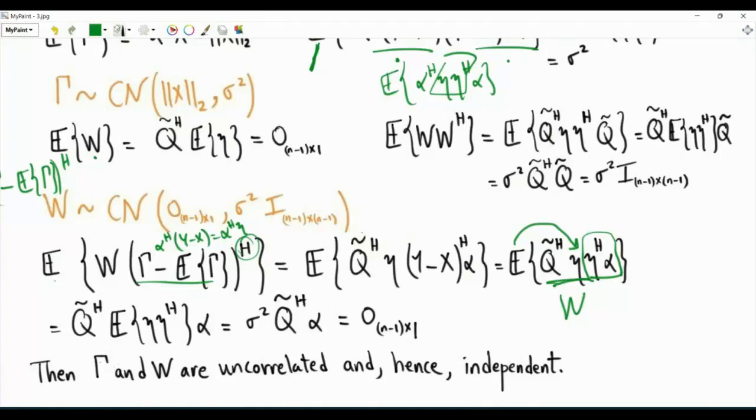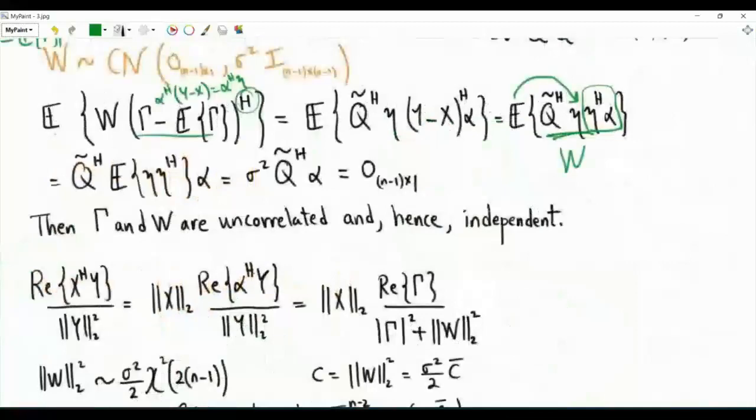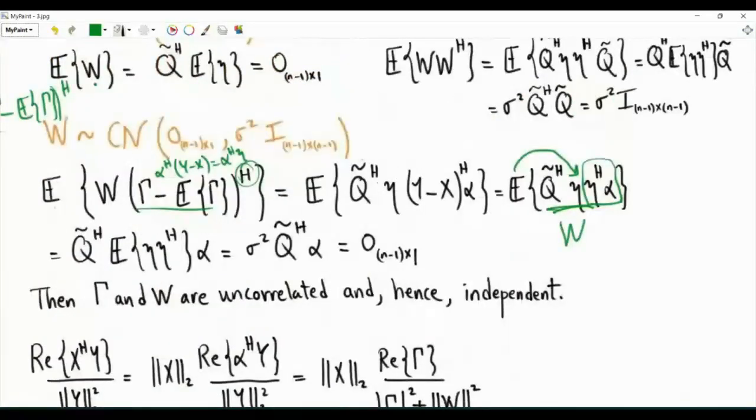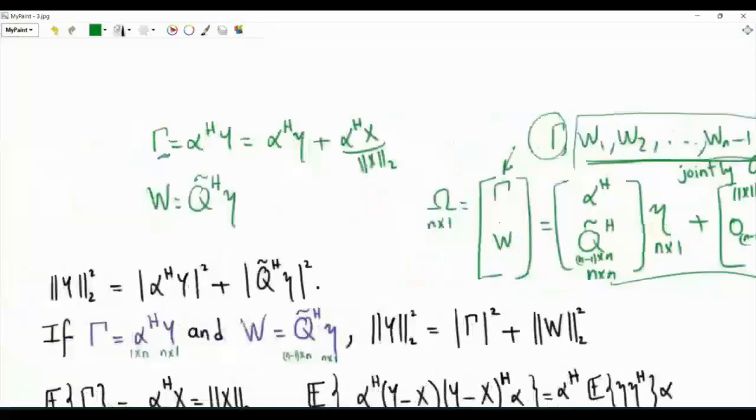So this means that gamma, which here is this variable alpha Hermitian y, and the w, which is q tilde Hermitian eta, are uncorrelated because the cross covariance is this all zero vector. But because they are jointly Gaussian, then they are independent. Okay, and they are jointly Gaussian because together they come from an affine transformation of vector eta.